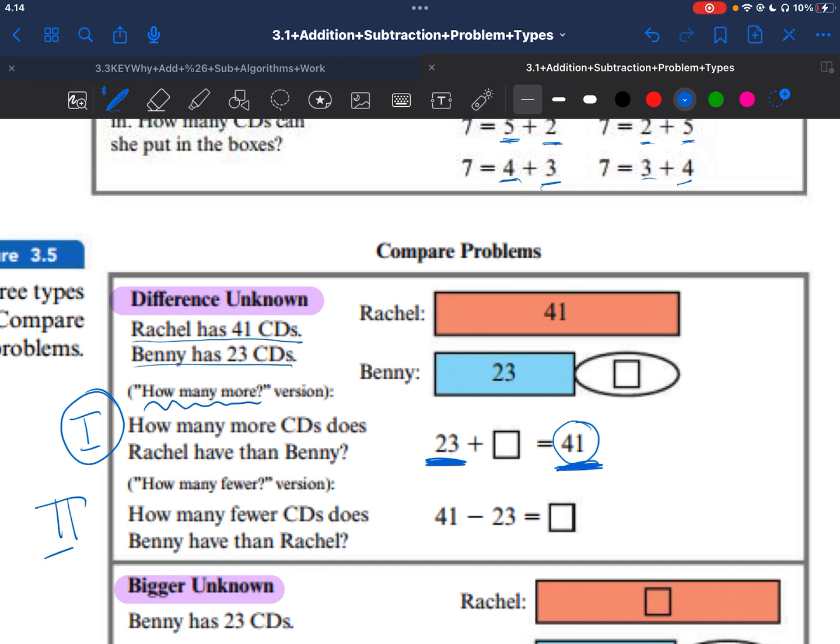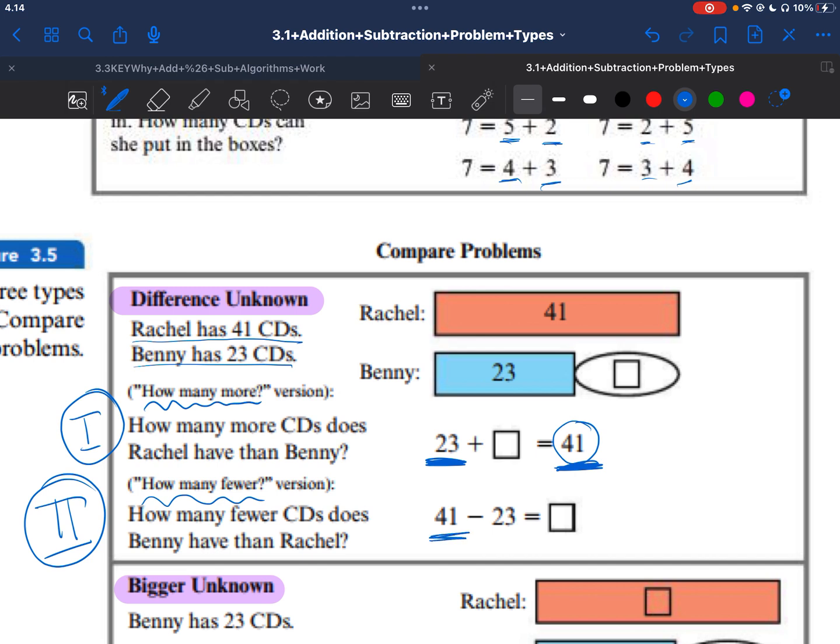The second version that you can rewrite this question is how many fewer. So, how many fewer CDs does Benny have than Rachel? Basically, you want to know the difference between Rachel's and Benny's, right?